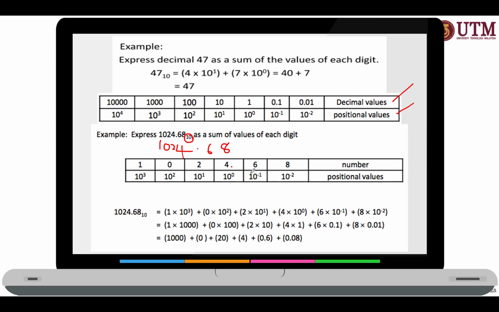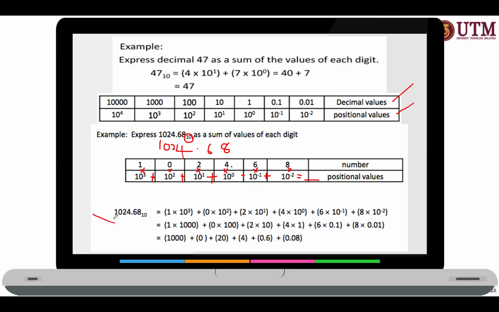You need to multiply, until this one. So you multiply 1 by 10 to the power of 3, and then to this result you add 0 multiplied by 10 to the power of 2, you add 2 multiplied by 10 to the power of 1, add, and over here you add, and you will get the value.